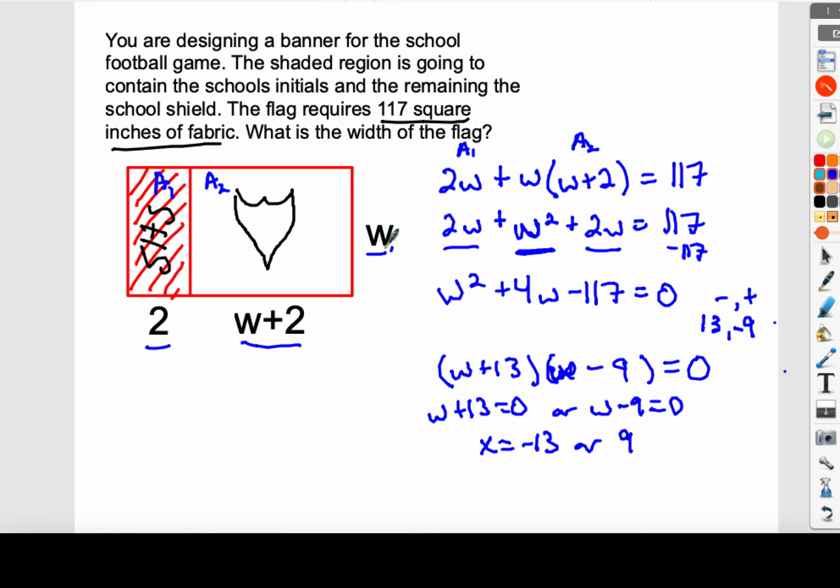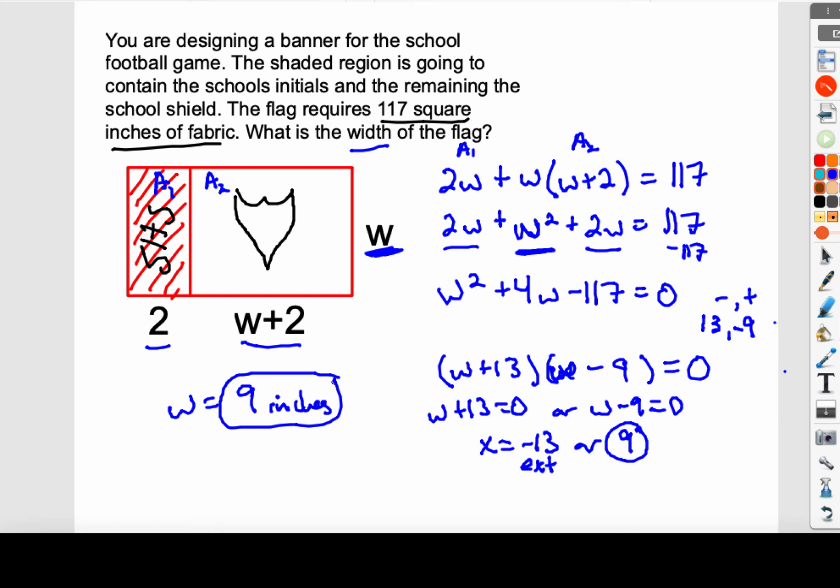Because width can't be a negative length or a negative measurement, I would say that negative 13 is what we call extraneous. It's not really going to work. But positive 9, if W equals 9 inches, and they just asked us for the width, I believe we would get the correct area, and we found our answer.